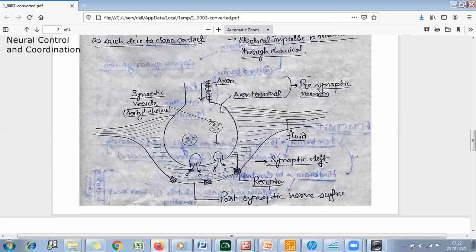So by this we have seen how the nerve impulse is created, how it transfers from one region to another, and how the transfer of this electrical impulse is converted into chemical, and again the stimulus will move forward.